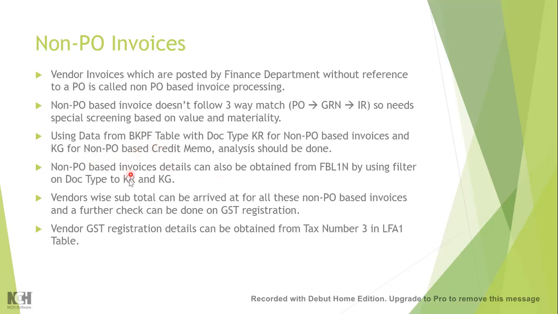Once you generate that report, you can do the vendor wise subtotal and see the total volume, whether it is material or not for you to do the further analysis. You can also do the analysis whether these vendors from whom you are doing non-PO based invoices, whether they are registered with GST or not.